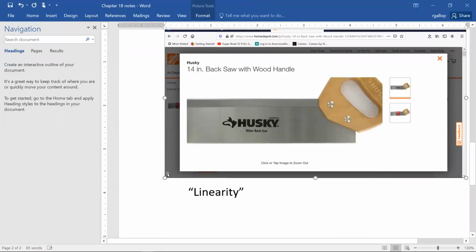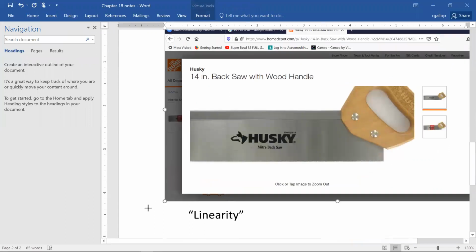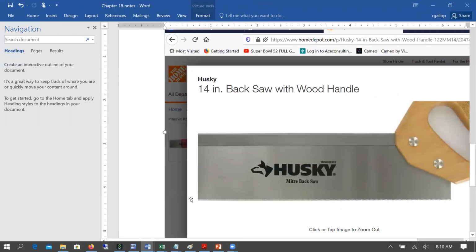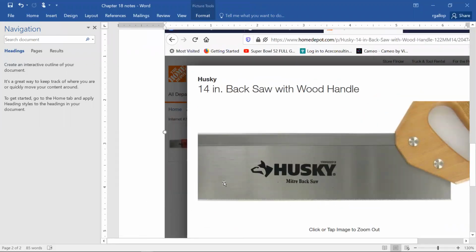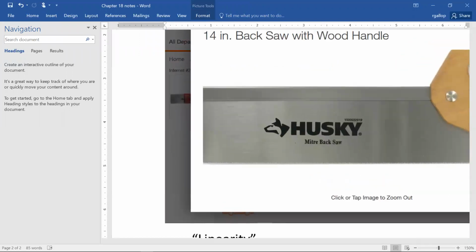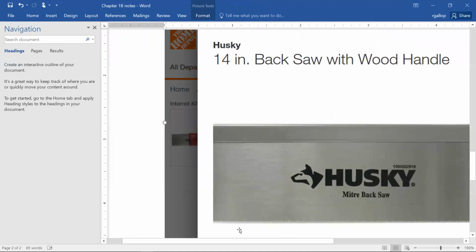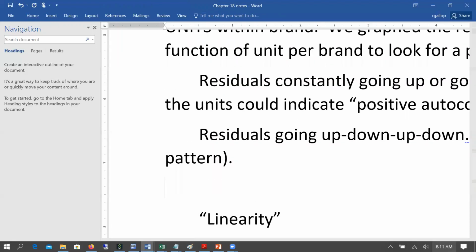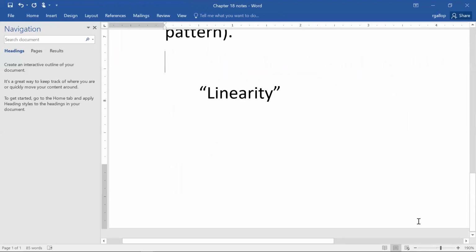Right, so again, if we go here, what I mean by sawtooth, we zoom in. You can see, and it's a little hard to see, but basically the blades go up, down, up, down, up, down, up, down, up, down. The little teeth on the saw. It's kind of what we see going on. So that's what we mean by sawtooth.